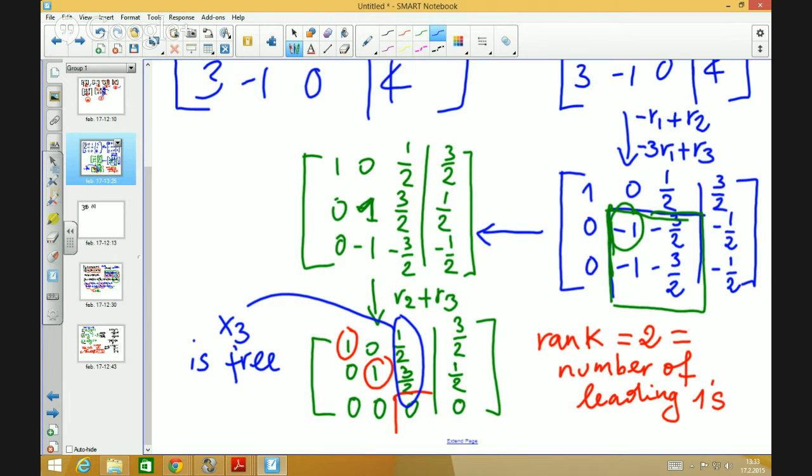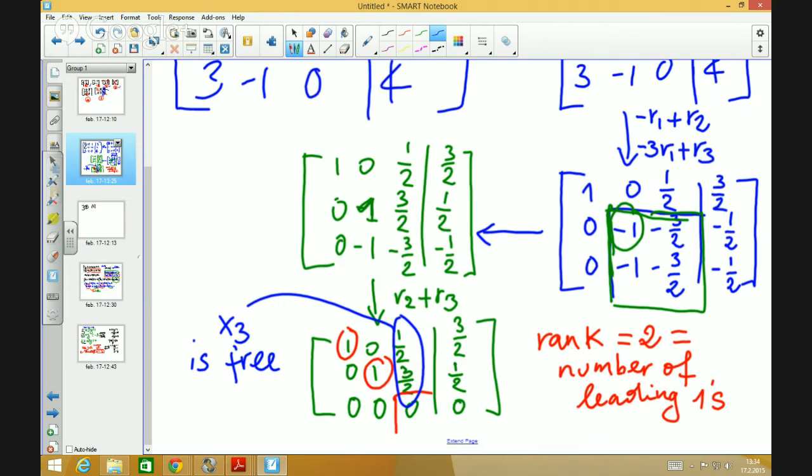The fact that it is free means that it can take any real value that we want, and depending on the real value that we assign to x3, we get solutions for x1 and x2, which correspond to the 2 leading ones.